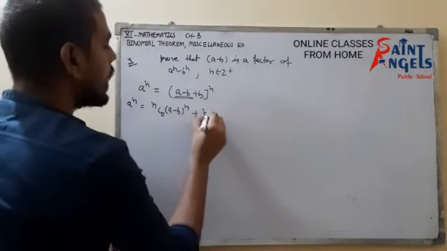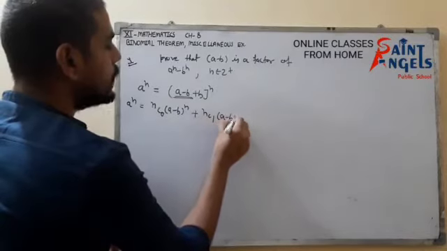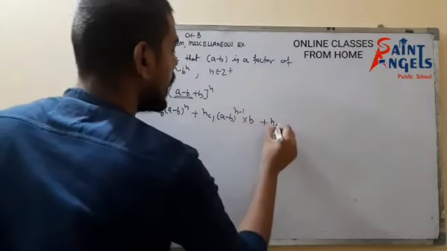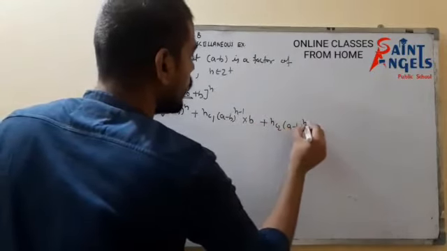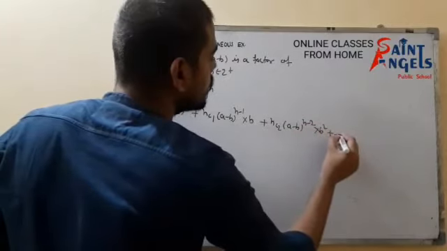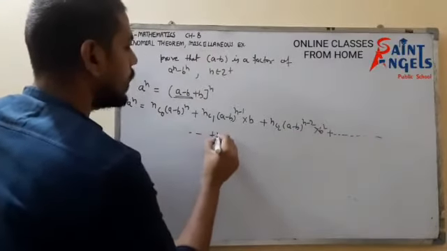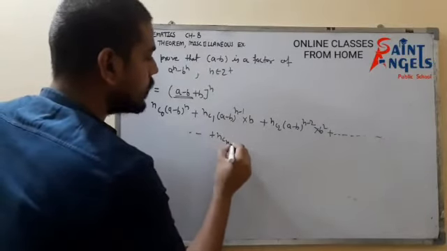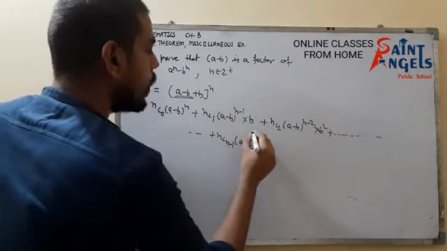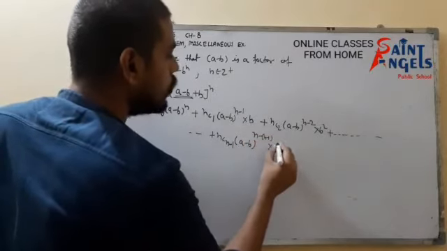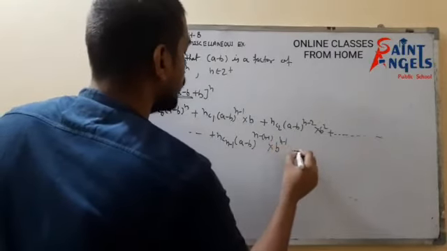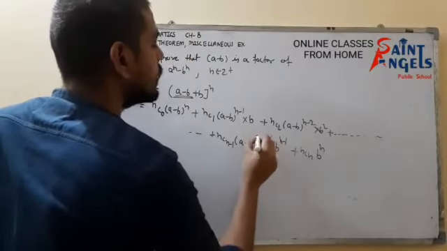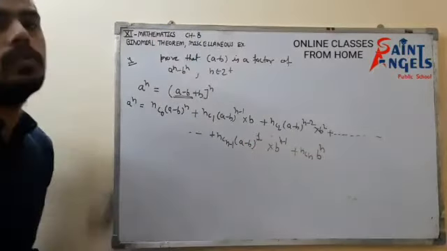Now plus nC1 a minus b to the power n minus 1 into b plus nC2 a minus b to the power n minus 2 into b square plus and up to that nC n minus 1 a minus b into b to the power n minus 1 plus nCn b to the power n, or we could say directly that is power 1 and ultimately it will become 0. So this is the expansion.